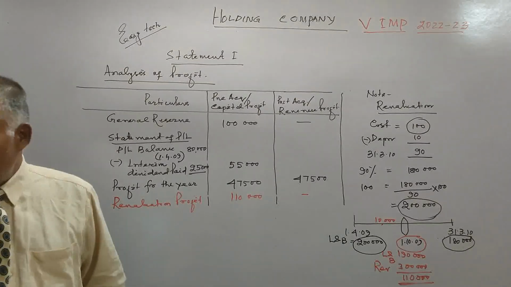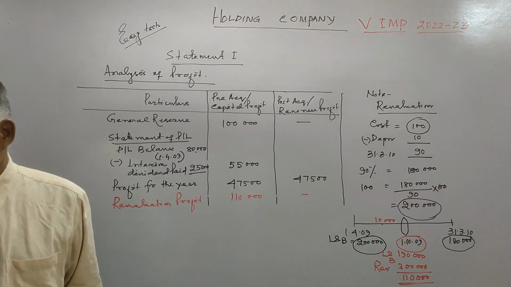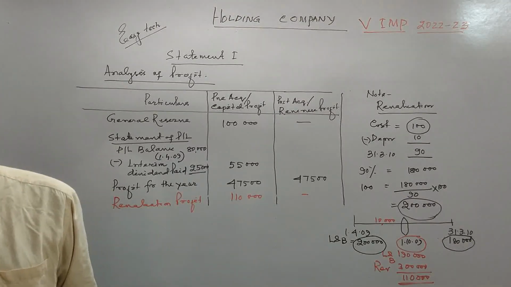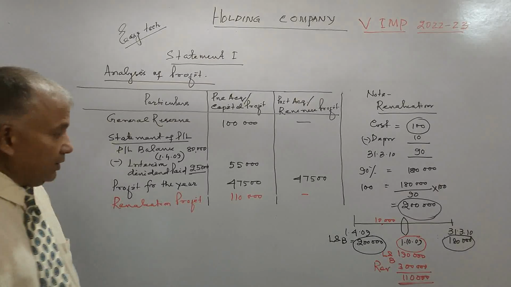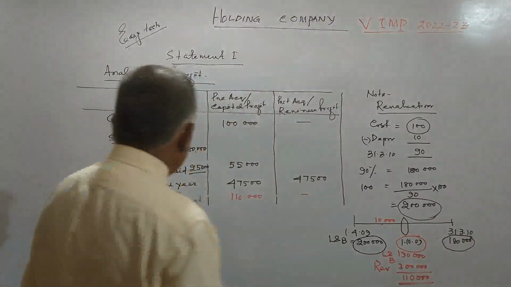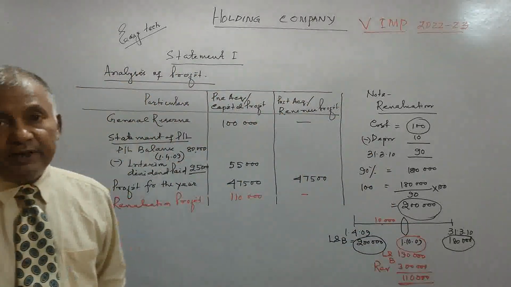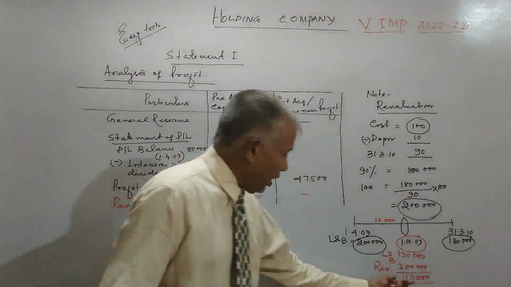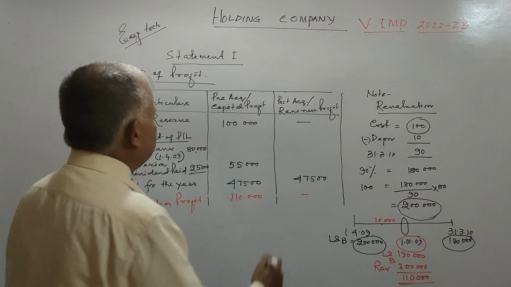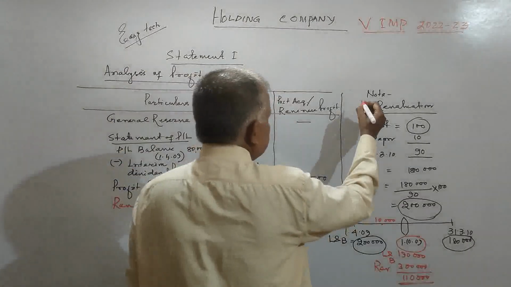So now revaluation profit means the asset value increased by 1,10,000 and 10% is the depreciation.